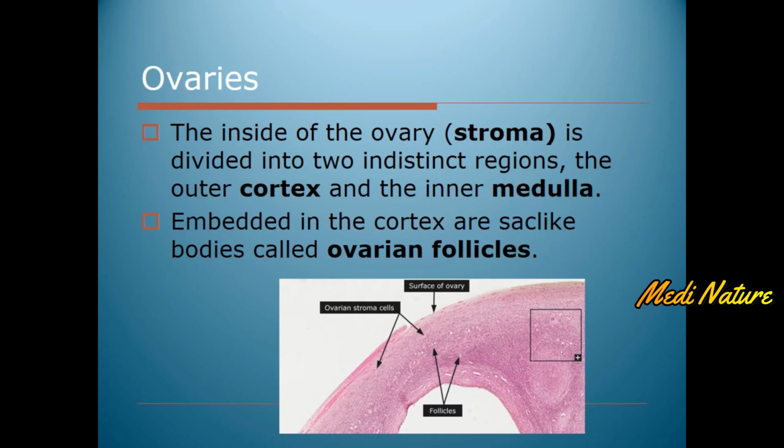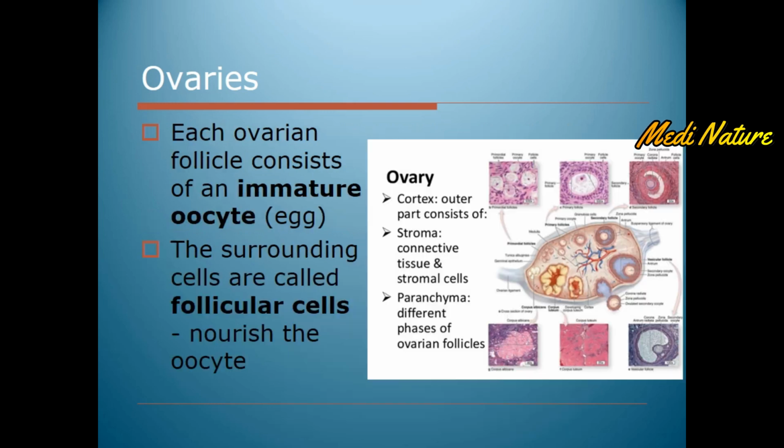The substance of the ovaries which lies inside the cover is called stroma. It is mainly divided into two main regions, the outer cortex and the inner medulla. In the cortex, some sac-like bodies are embedded. These are called ovarian follicles.